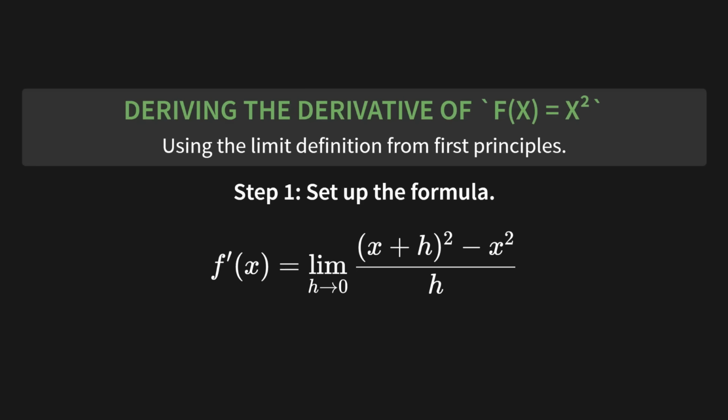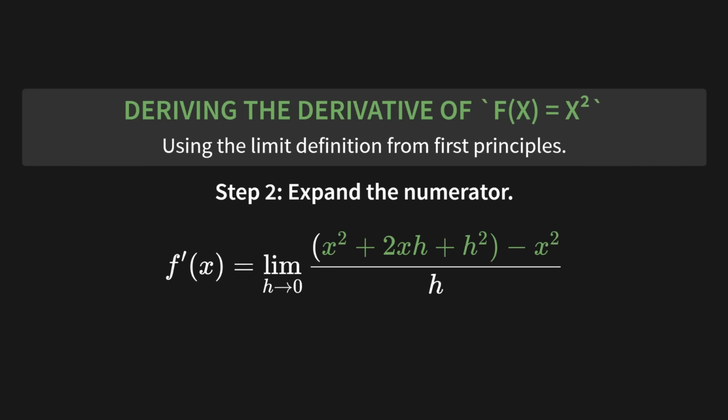F prime of x equals the limit as h approaches 0 of (x plus h) squared minus x squared, all divided by h. Step 2. Expand the numerator. We just expand that (x plus h) squared term. So now we have the limit as h approaches 0 of x squared plus 2xh plus h squared minus x squared, all divided by h.